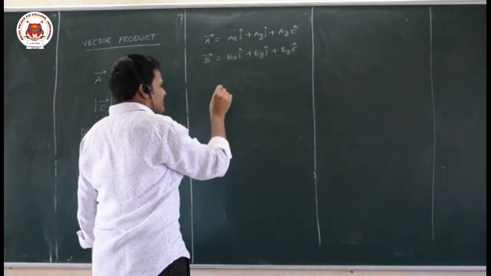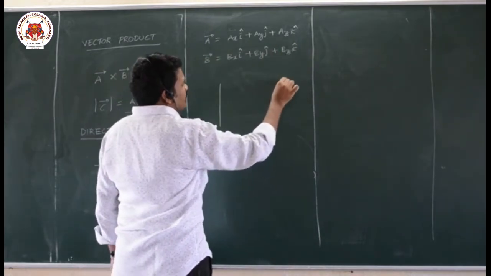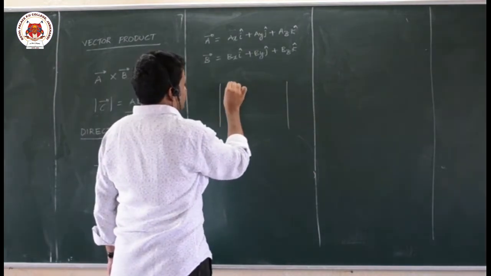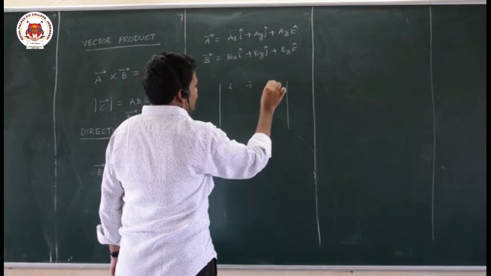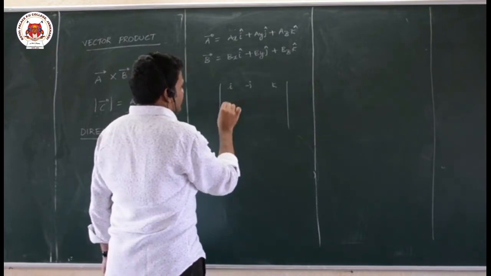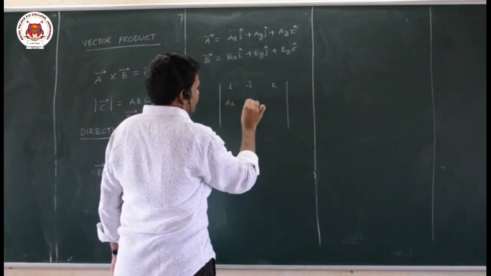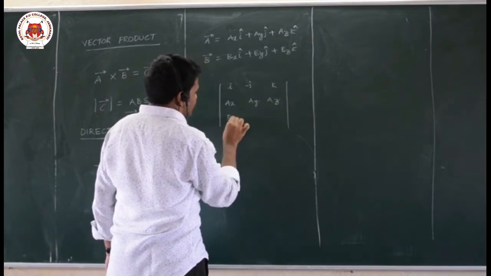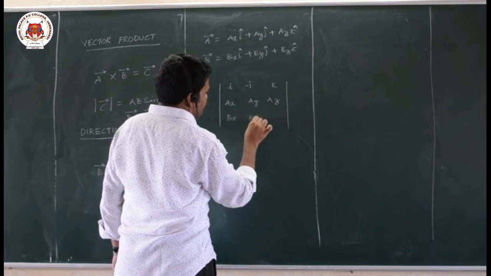Then you have to draw a determinant structure: i, minus j, k, then ax, ay, az and bx, by, bz.